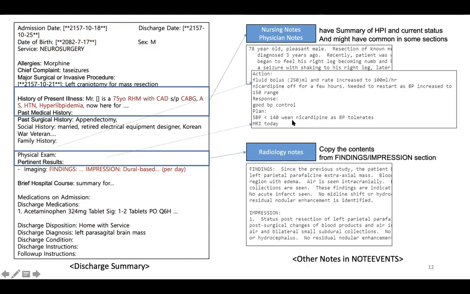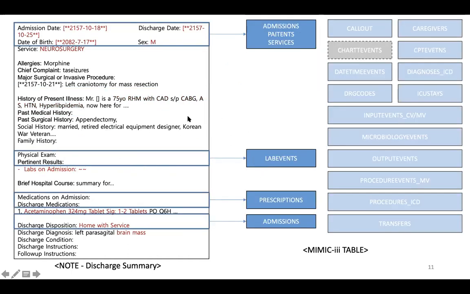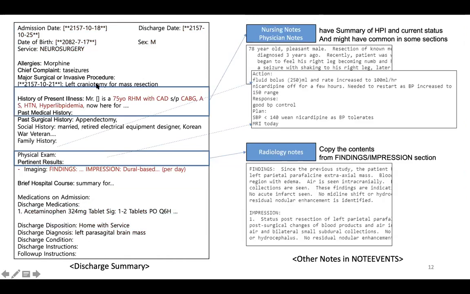So here, lab results can also be found in radiology notes. This is an example of how different sections of the discharge summary are linked to other structured tables, and this is another view of the discharge note, showing how the discharge summary is related to other categories of clinical notes, such as physician notes or radiology notes.